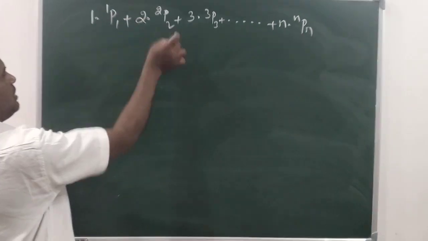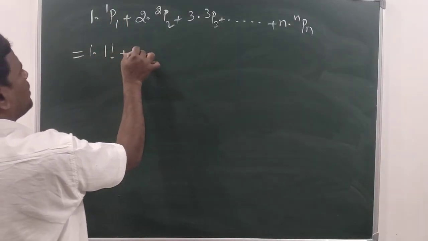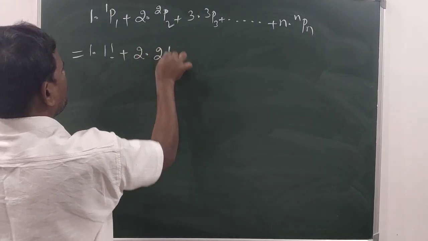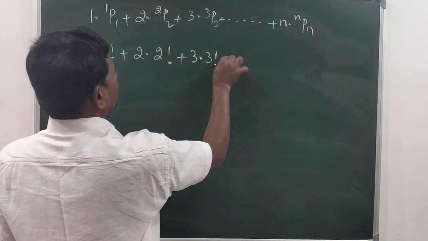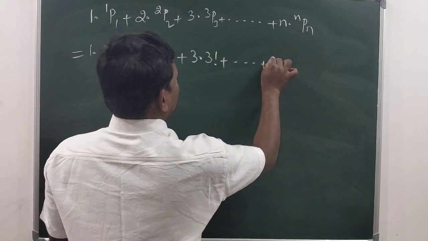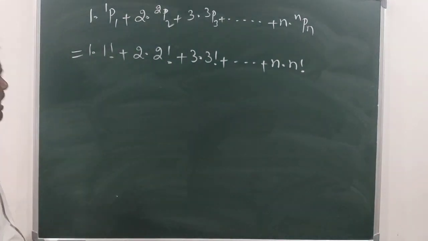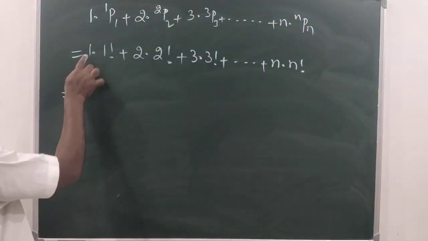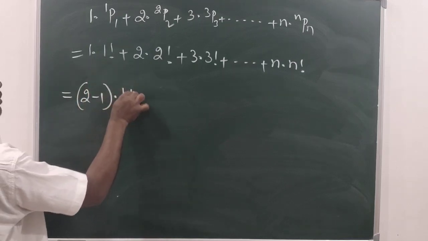So you know, this can also be written as 1 into 1 factorial, now 2 into 2 factorial, 3 into 3 factorial and so on plus n into n factorial. Hereafter I would like to express this 2 as 2 minus 1 into 1 factorial.